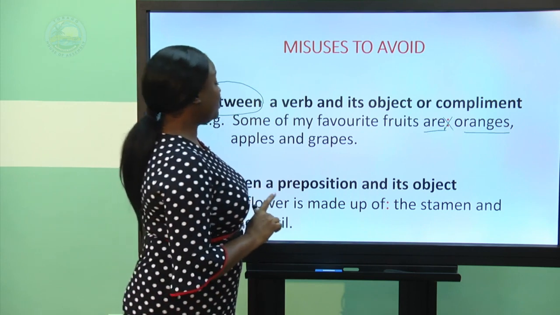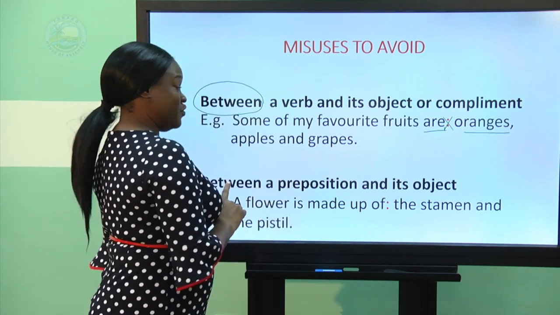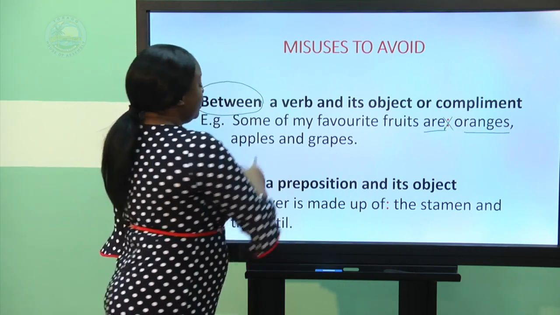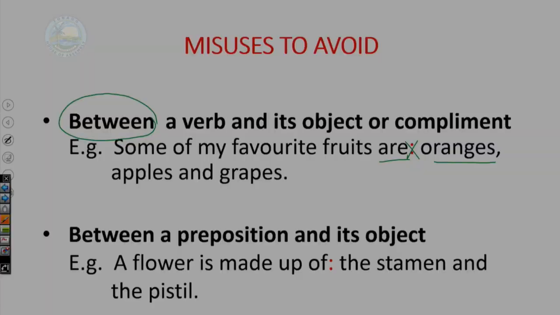So instead of having the colon, our sentence should really be written as, some of my favorite fruits are, no colon, and then we start: oranges, and then we include our comma. Oranges, apples, and grapes. A very important lesson to learn.